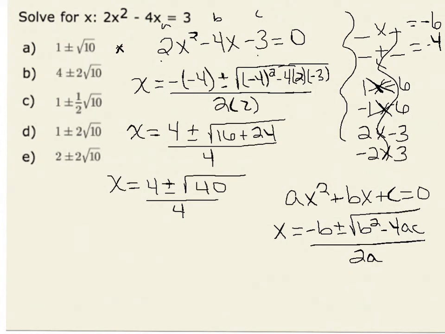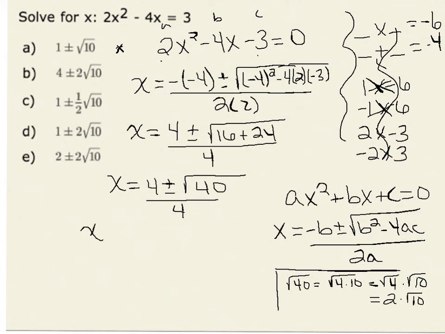I know that the square root of 40 is the same as the square root of 4 times 10, which is the square root of 4 times the square root of 10, which is equivalent to 2 times the square root of 10. So now I know my solutions of x are equal to 4 plus or minus 2 times the square root of 10 all over 4.